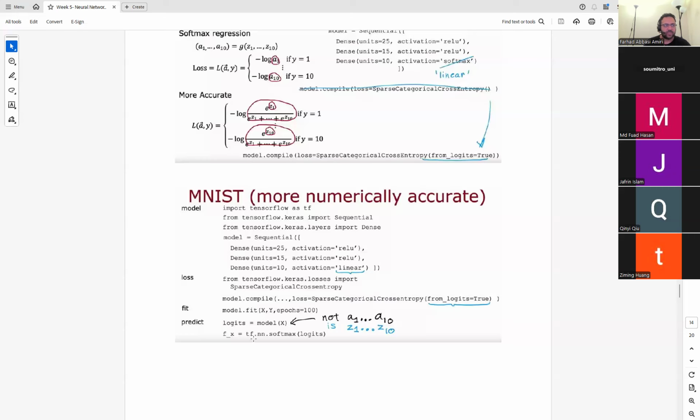We should use tf.nn.softmax. We should get the softmax of the logits. And this line gives us the prediction, the A1, A2 up to A10. But the logits, as you remember, are Z1, Z2 up to Z10.